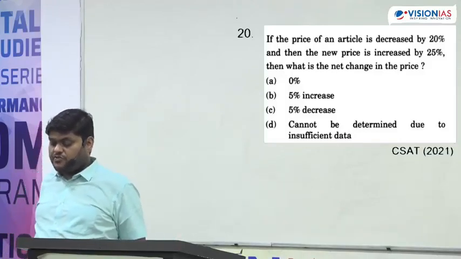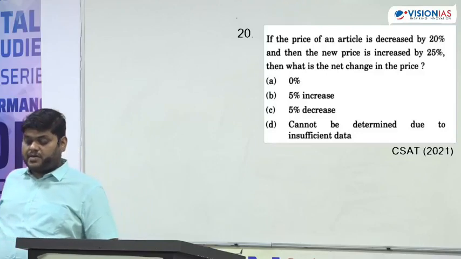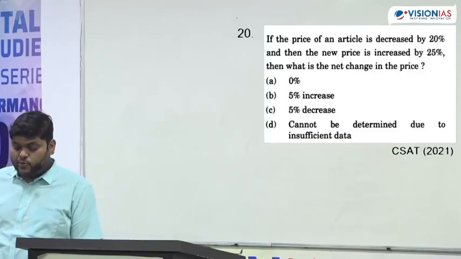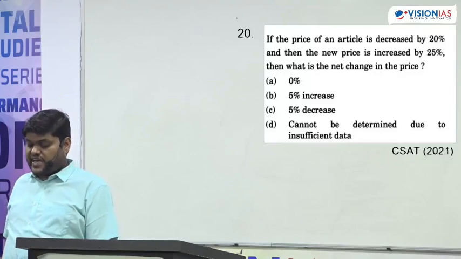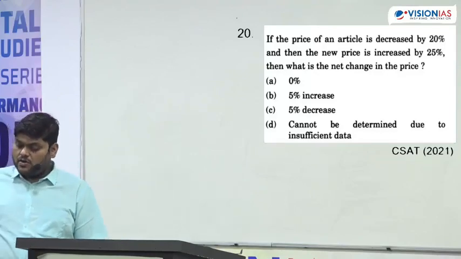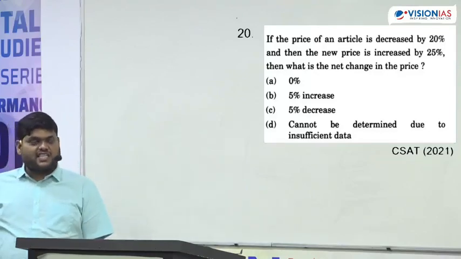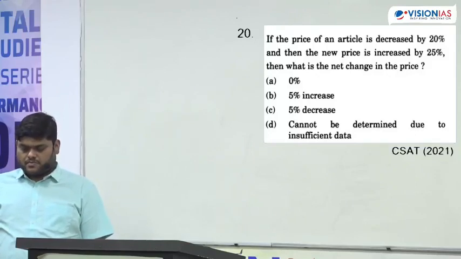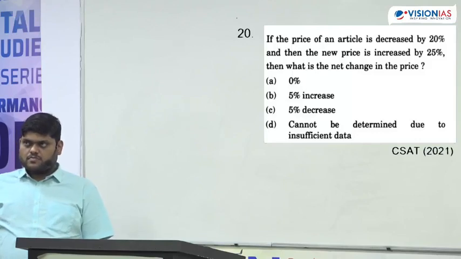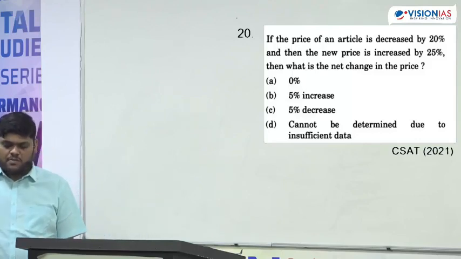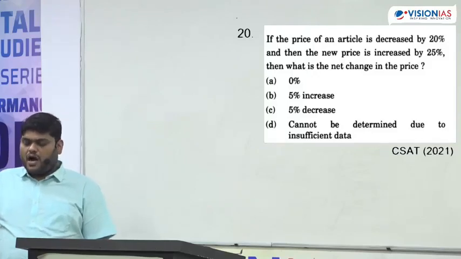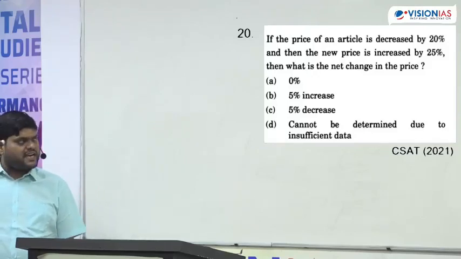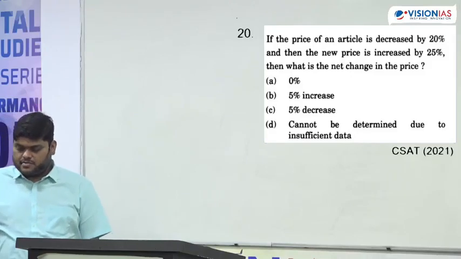If the price of an article is decreased by 20% and then the new price is increased by 25%, then what is the change in the price? A simple question of successive increment and decrement.